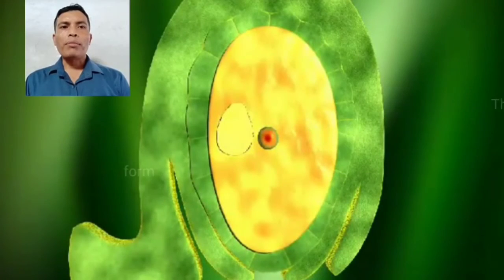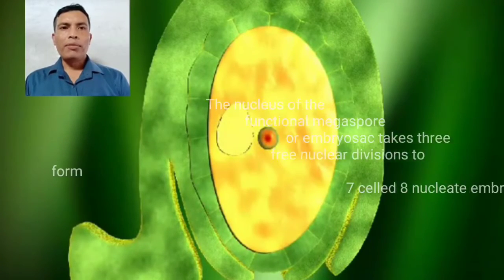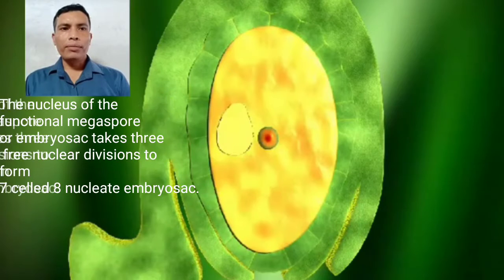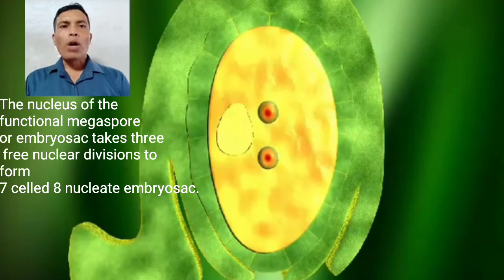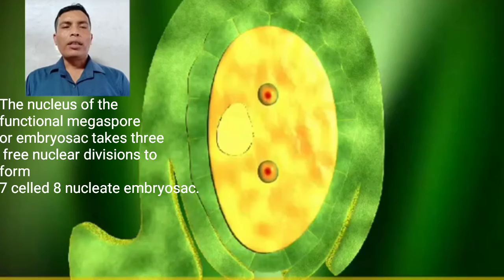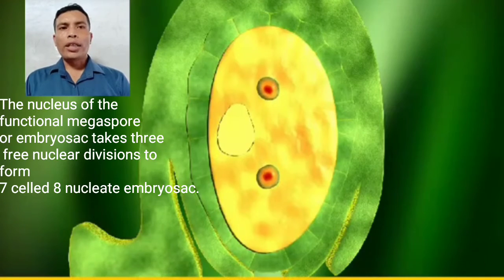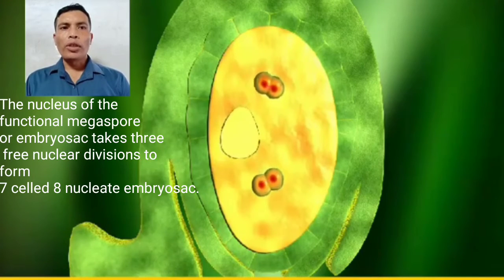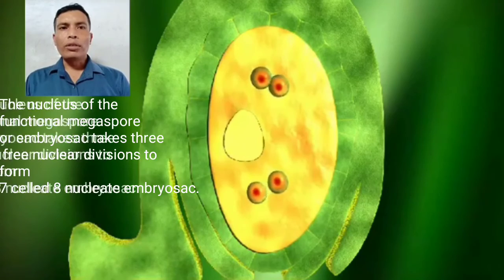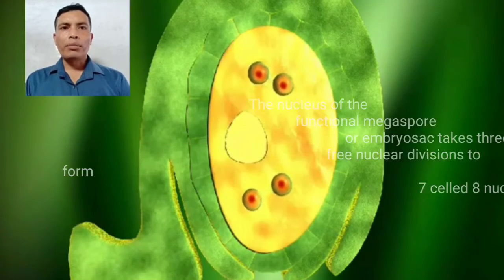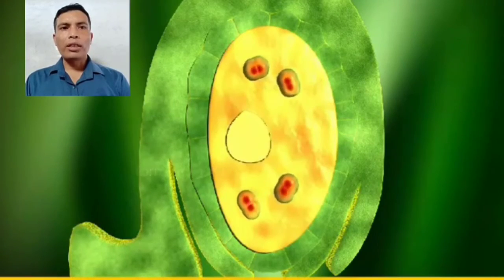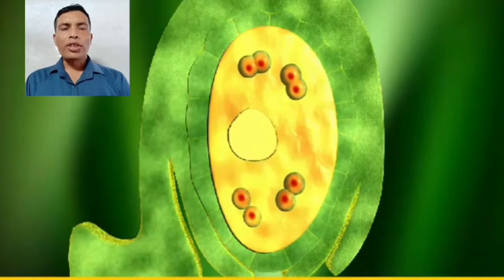The nucleus of the embryo sac will divide mitotically into 2 nuclei. Without formation of the cell wall, these 2 nuclei will again undergo a second mitotic division to form 4 nuclei. This process is called free nuclear division. Free nuclear division means nuclear division without formation of cell wall.